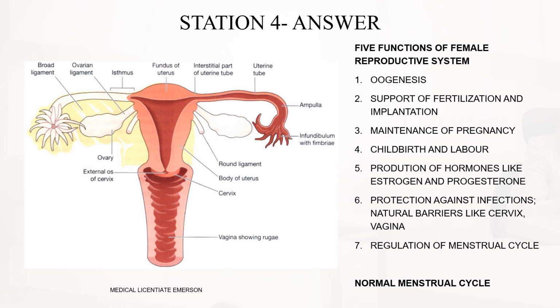The one which maintains the corpus luteum during pregnancy is the human chorionic gonadotropin. Meaning the corpus luteum, if someone is pregnant, will continue to produce progesterone for up to 4 months. Why 4 months? Because by then we expect the placenta to have matured enough and to be producing adequate progesterone.